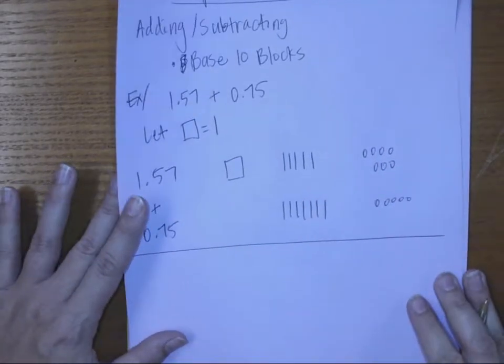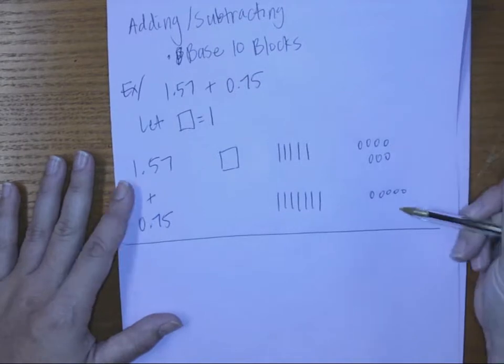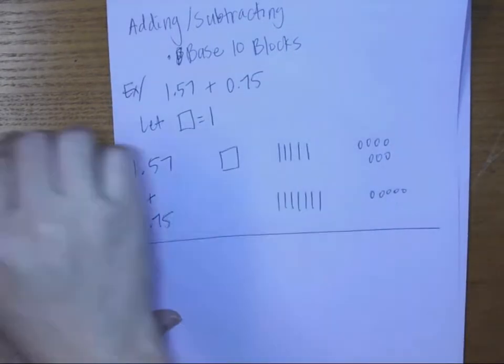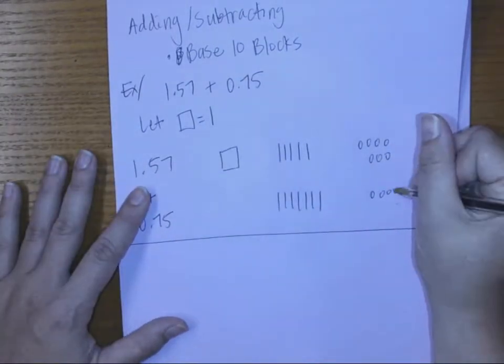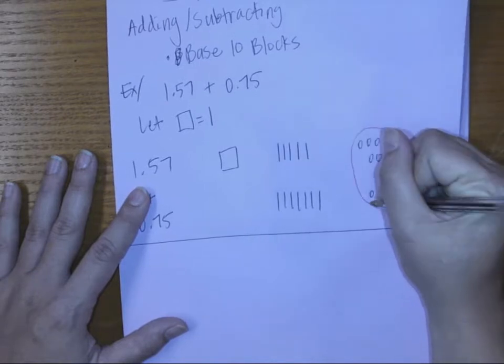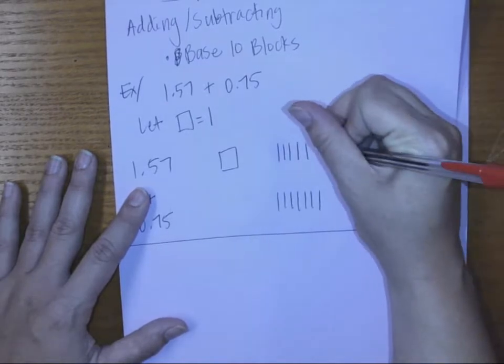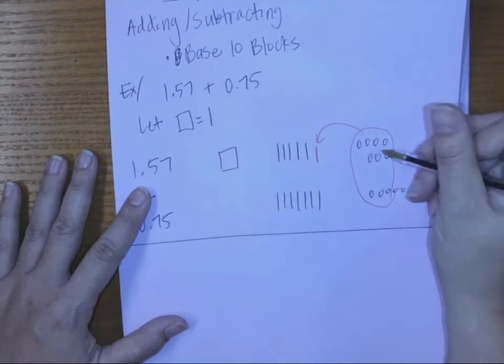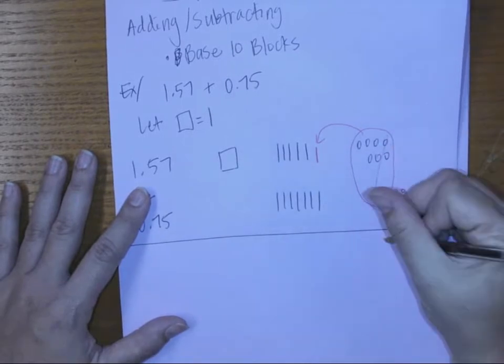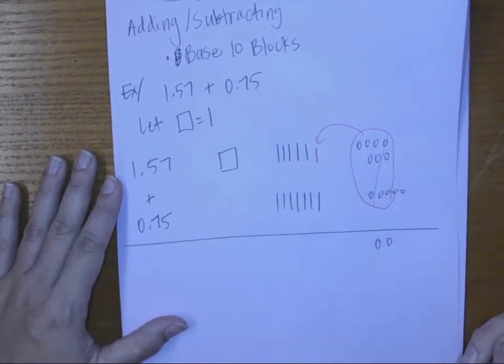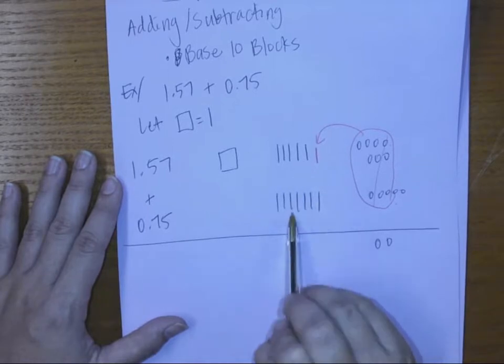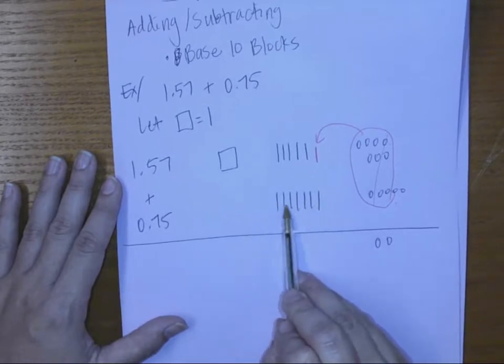So when I go to add them together, 7 units plus 5 units, well, I can regroup some of those, right? I can actually regroup 10 of the units and make a long out of that. So when I do, I'm left with 2 units. Same thing with my longs. I have 7 longs here.